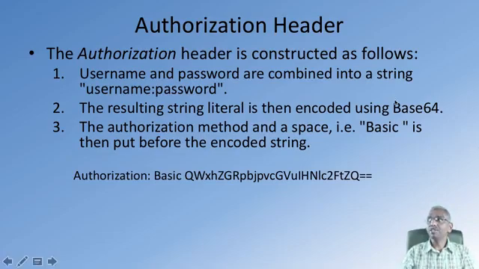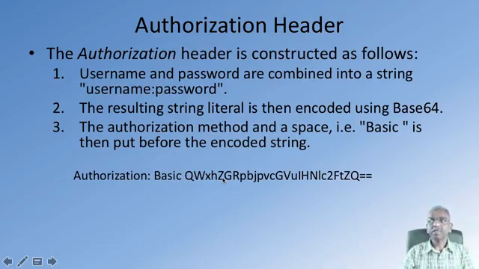So this particular information is encoded into a string like this and then enclosed in the request header going from the client to the server. The request header itself is of the type Authorization, followed by the actual value, which says Basic, a space, and the base 64 encoded string.